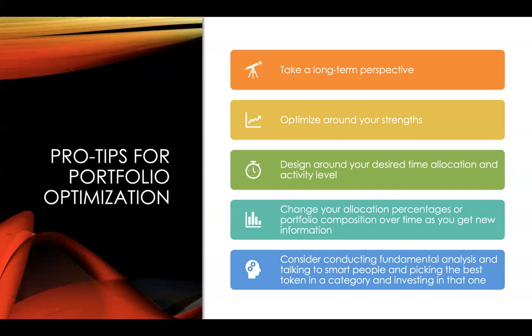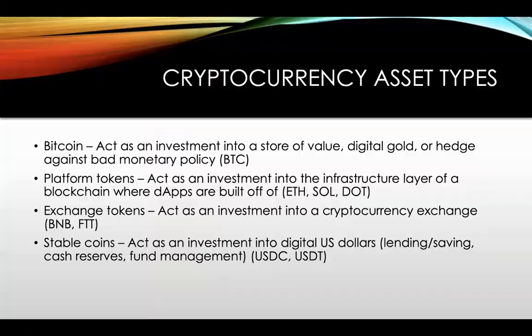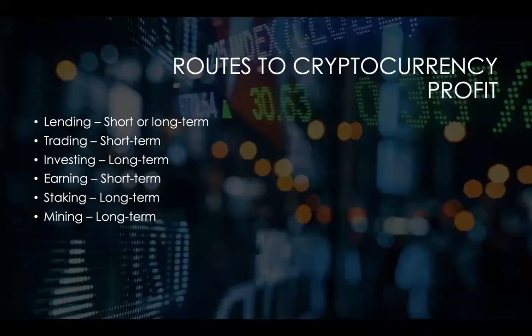The second thing is optimize around your strengths. This is where we go back to the roots of cryptocurrency profit. If you're thinking, I want to trade, invest, earn, and mine, then when you're thinking about how much to allocate towards different routes to cryptocurrency profit, think about where your skills are. For me, I'm a good trader. I'm good at technical analysis.